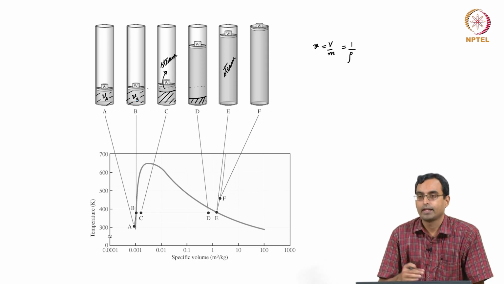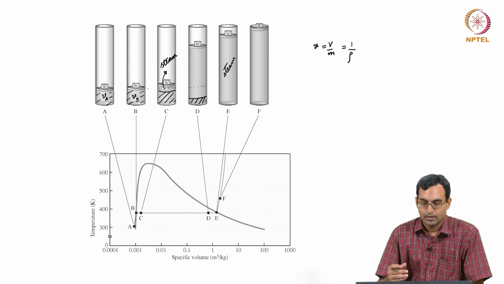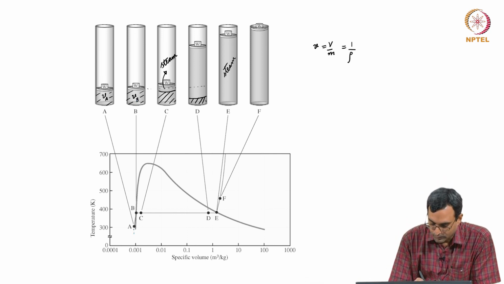But we know that when you heat a solid or a liquid, there is an increase in volume, but the increase in volume is not very large. So, we see that the temperature increases a lot, but the volume increases very little.